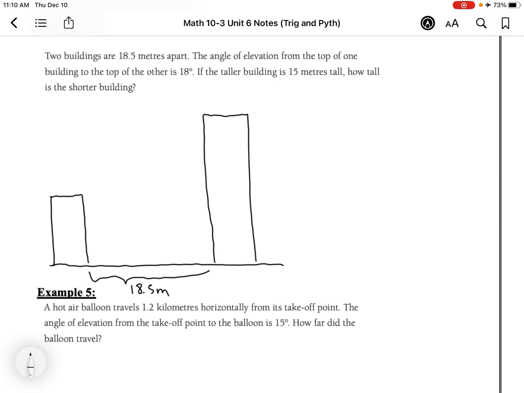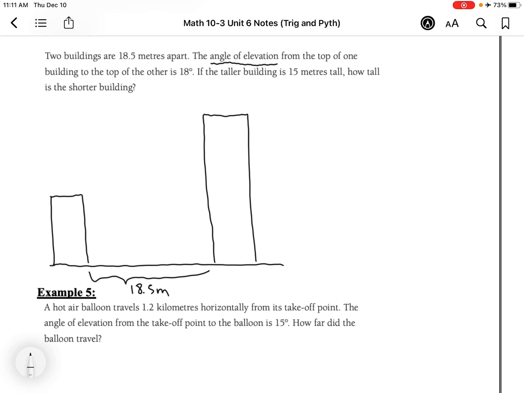Okay, the angle of elevation from the top of one building to the top of the other. Well, angle of elevation means we're looking up. If we're looking up, we must be on the shorter building looking up to the taller one. Because if you're on the taller one and you're looking up, you're not going to see the shorter one, right? You'd have to be looking down to see the shorter one.